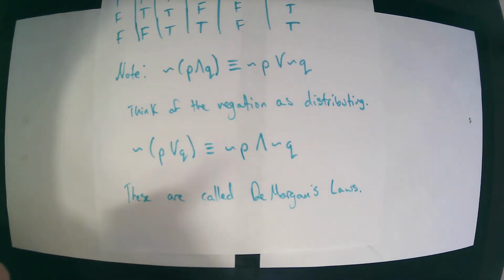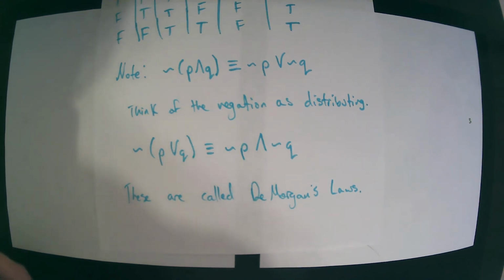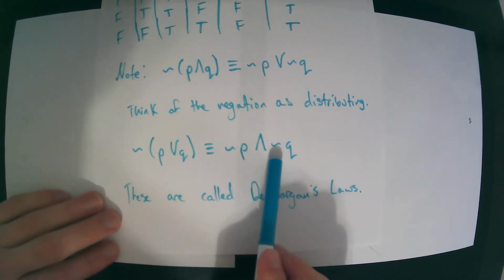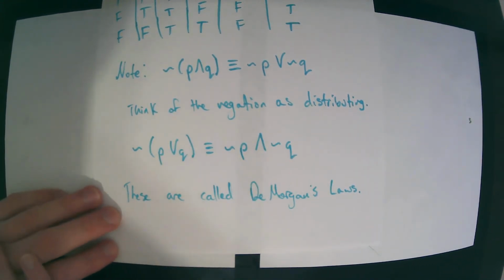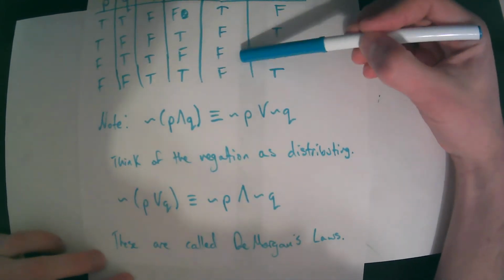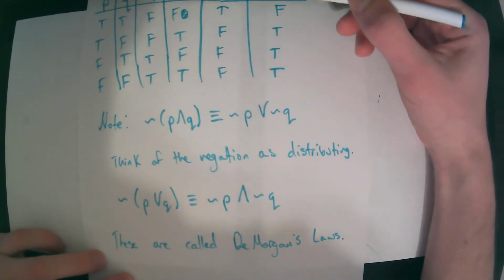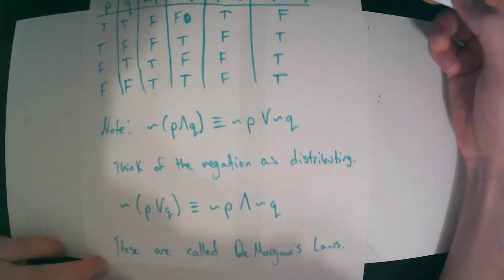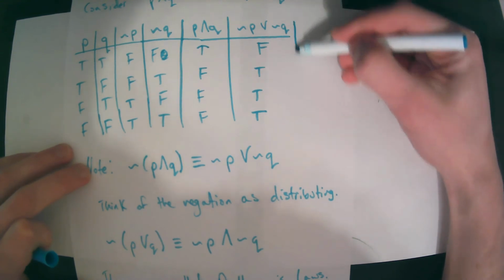And if I ask you to verify De Morgan's laws, that would mean you would actually make a truth table with this and show that they are exactly the same. It's almost what I did here, but I just didn't go that extra step to make one more column with this negated. But if you wanted to, you could. That would be super easy at this point.